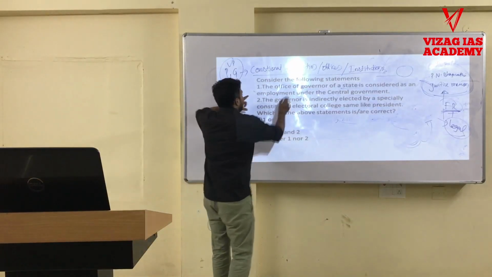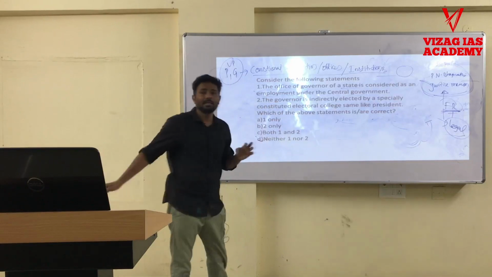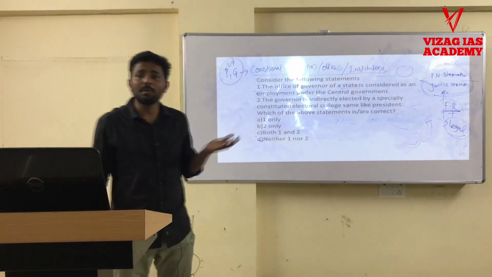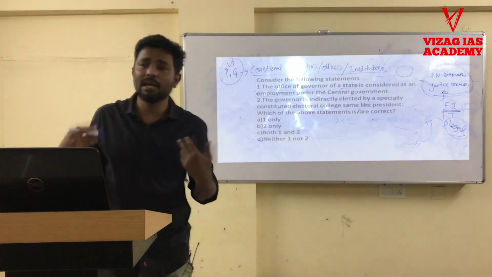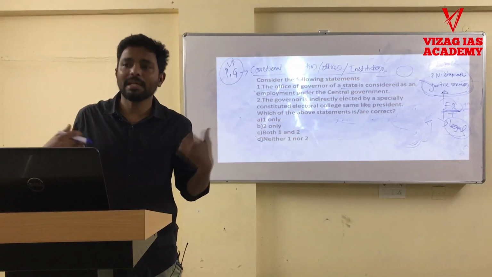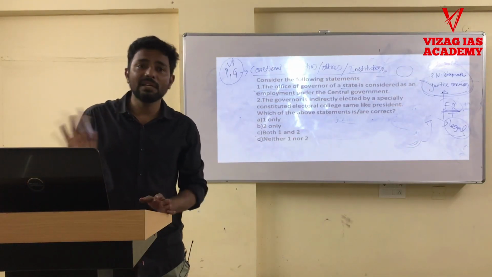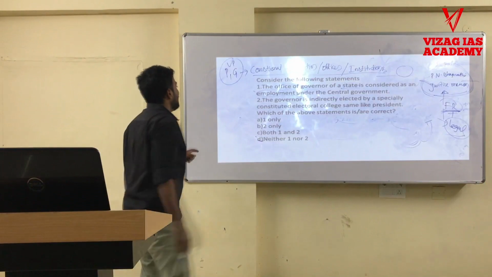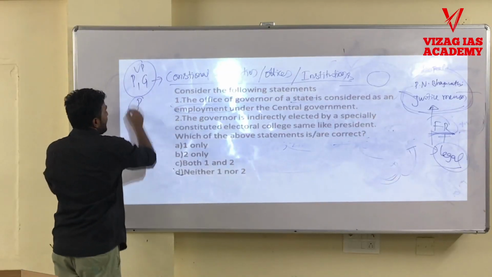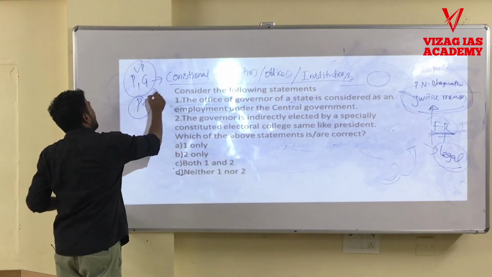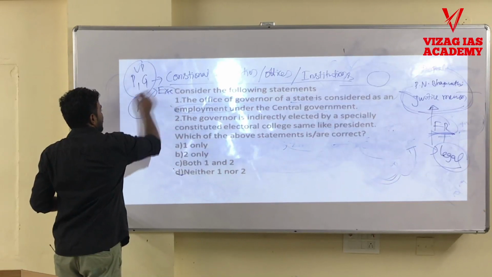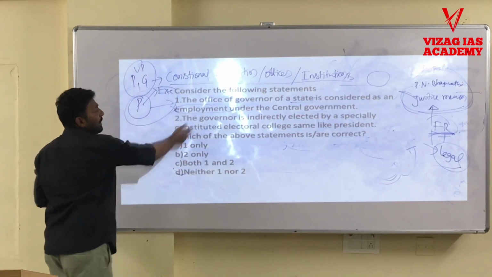They are not an employment under the central government. Employment means, for example, I am doing a central government job, so I am an employee under the central government, but the governor is not. Though he is appointed by the president, and the president forms part of the executive, this is not an employment.